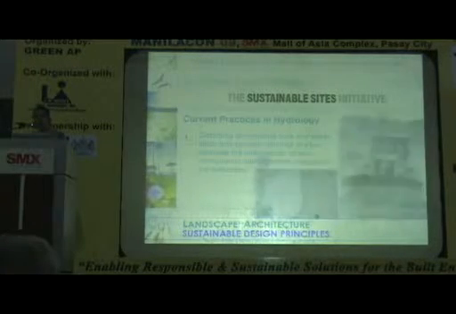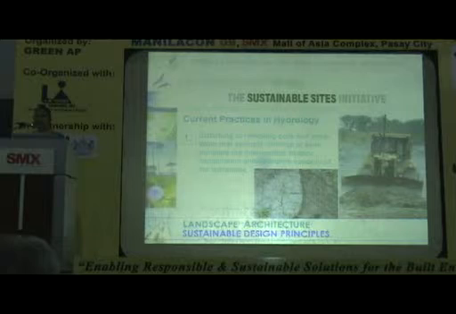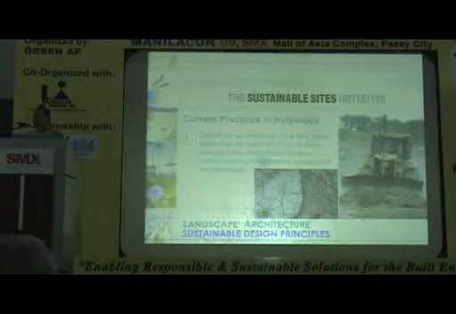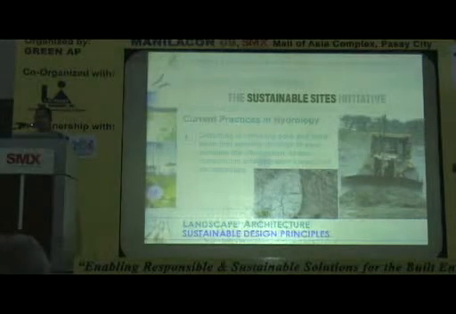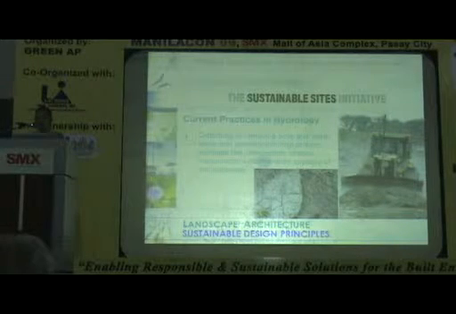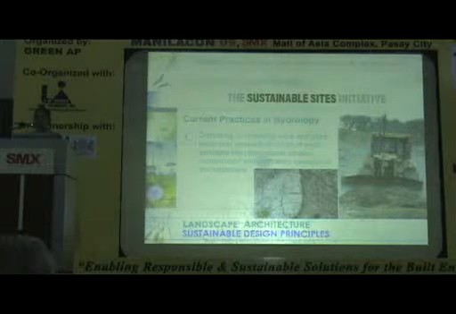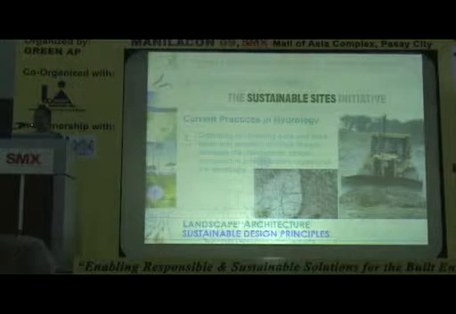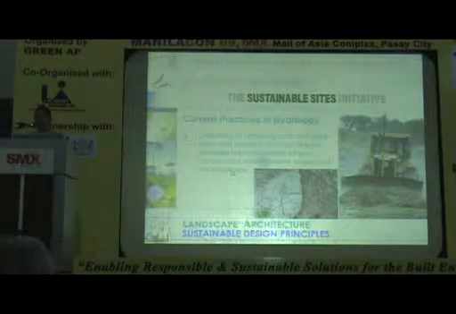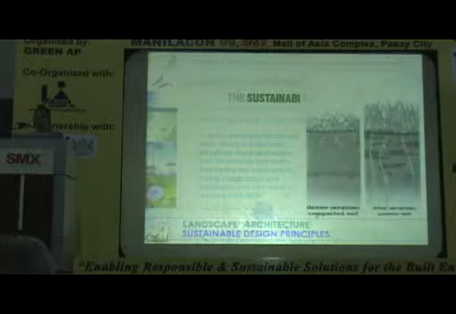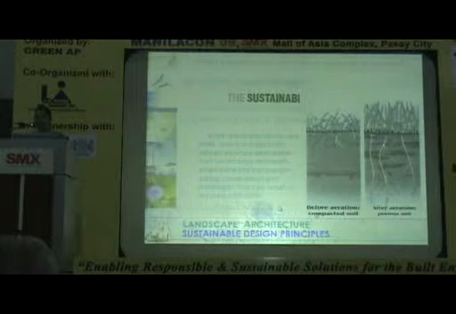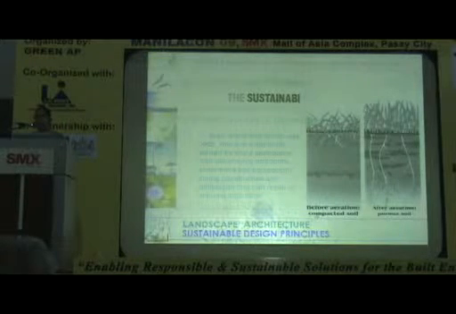Okay, let me just run through the current practices or malpractices in hydrology. Usually we disturb or remove soils and vegetation during construction, which tends to diminish or eliminate the function of soil to intercept water and bring water down to the aquifer. So that is wrong practice. Okay? And take note that even in landscaped areas, where we try to vegetate, we plant plants on compacted soil.